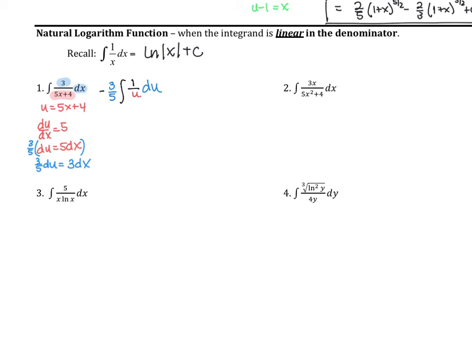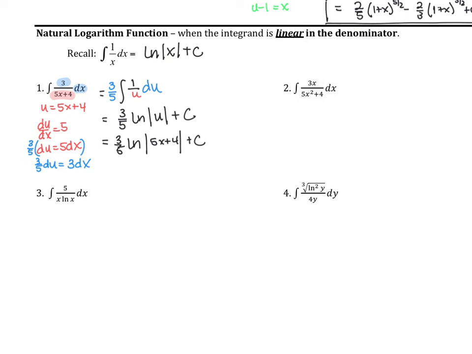So I would get 3/5 natural log of the absolute value of u plus c, but substituting back in for u, we would get 3/5 times the natural log of the absolute value of 5x plus 4 plus c. All right, hit pause and try this next example, example number 2 down here.